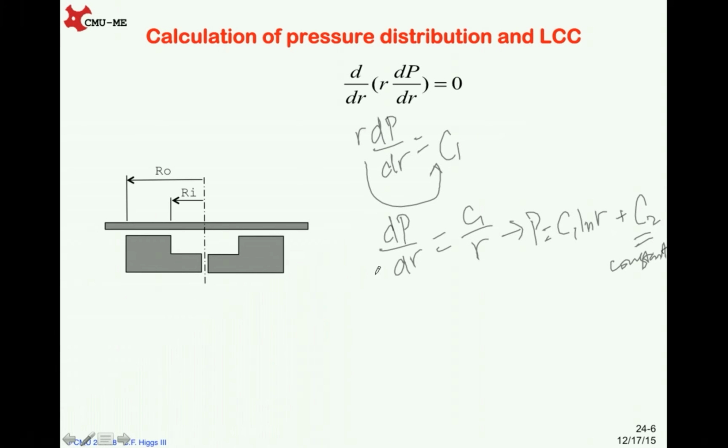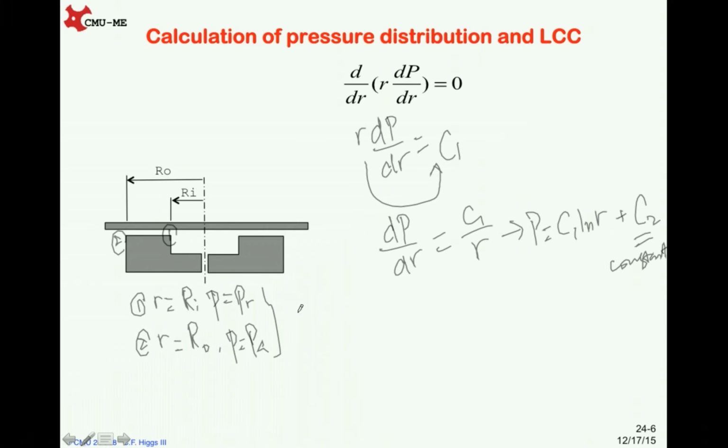So now we'll need to compute the values of C1 and C2 based on the knowledge of the boundary conditions. Here we have the first boundary condition, which is R equal to Ri, then P equal to PR. And the second boundary condition gives us R equal to Ro, then P equal to PA.